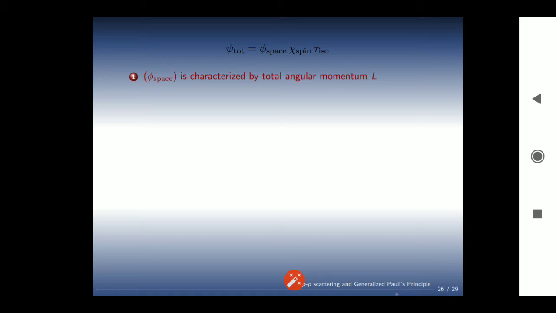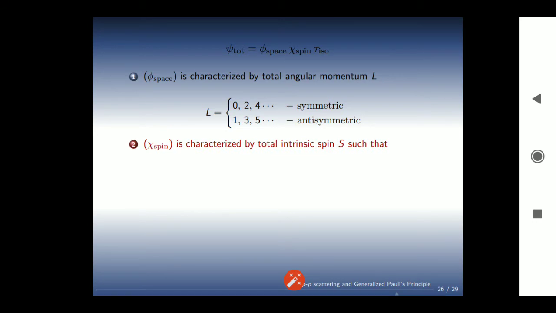So this L can take two different sets of values: 0, 2 for symmetric wave functions, 1, 3, 5 for antisymmetric wave functions. Similarly, chi spin wave function is characterized by total intrinsic spin S, and for a two particle system, it can be either spin triplet or spin singlet. Spin triplet is identified as symmetric and spin singlet is identified as antisymmetric.